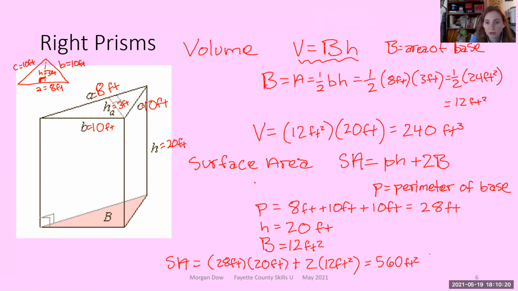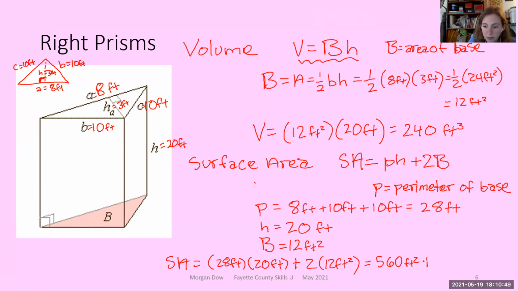So that part of the formula, the perimeter of the base times the height, that basically is describing the surface area of the tube. So the part that's kind of going around like this. And then the 2 times the area of the base is talking about the areas of the 2 bases. So in this case, the triangle on top and the triangle on the bottom, they're the same. And that's why it's 2 times the area of the base.